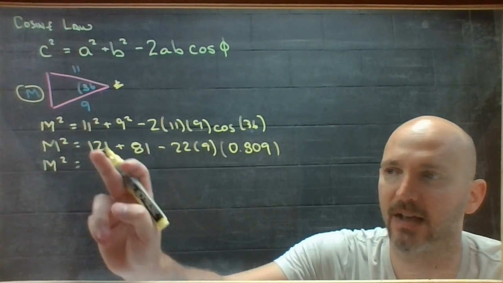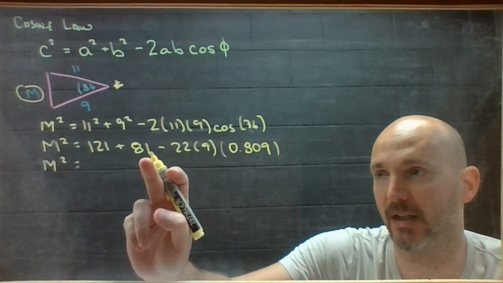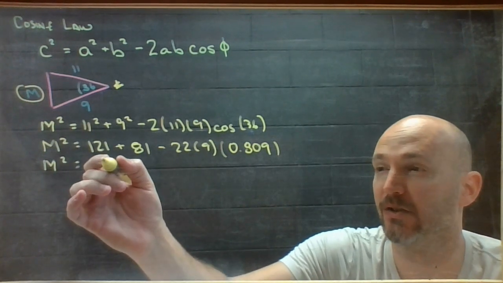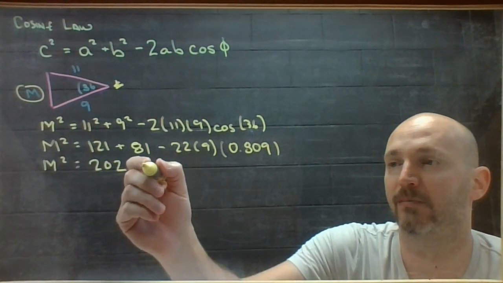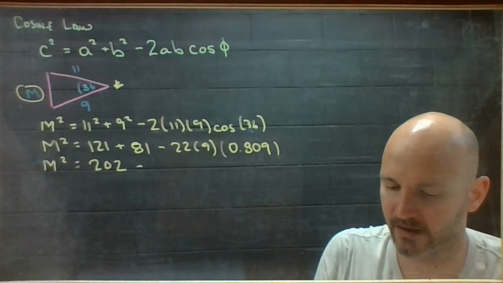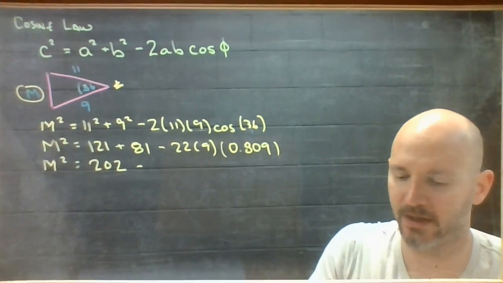There's no multiplication happening with these numbers anymore, so I'm free to add them. 121 and 81 would be 202. I've got a 22 times 9 that I could do. Is 198.